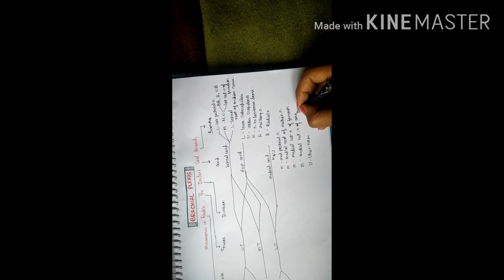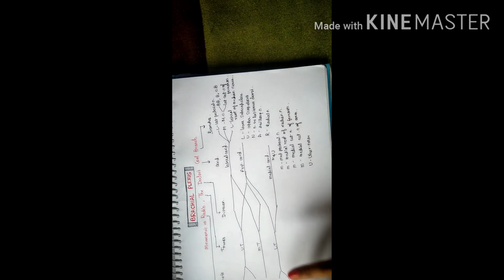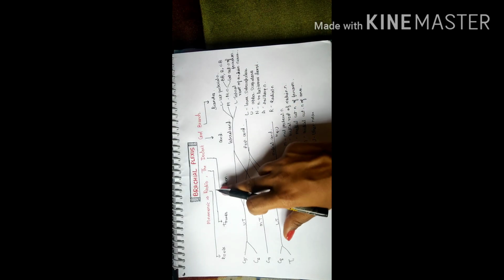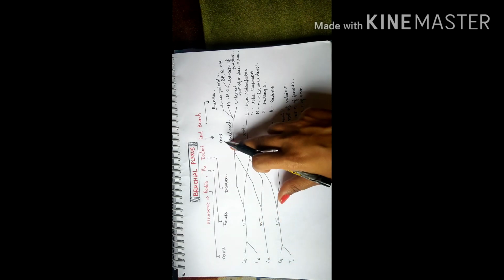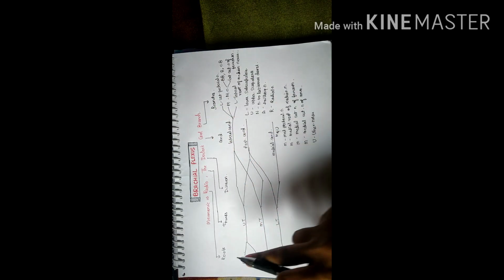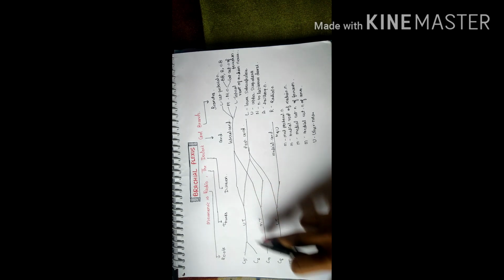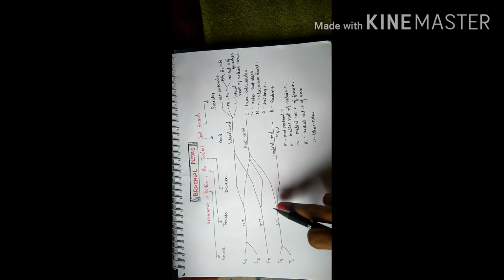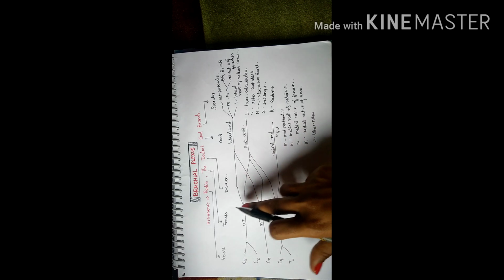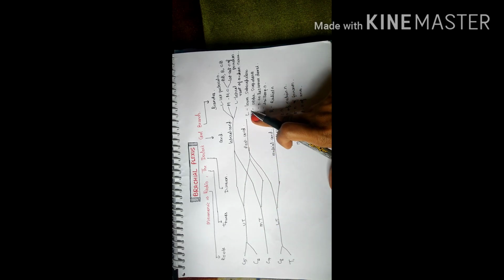So here we have learnt the various branches of the brachial plexus. The first mnemonic was radio, the doctor's school branch, that is roots, trunks, divisions, cords and branches. And we know C5 and C6 form the upper trunk, C7 continues as the middle trunk, C8 and T1 continue as the lower trunk, and the posterior divisions of all the trunks join to form the posterior cord.